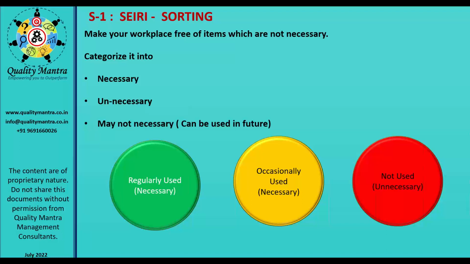For making the workplace free of clutter, free of items which are not necessary, we have to categorize it into broad categories: necessary things that we require, unnecessary things which are not required at all, and things that may or may not be necessary, that can be used in the future.